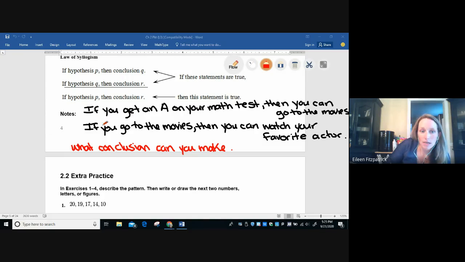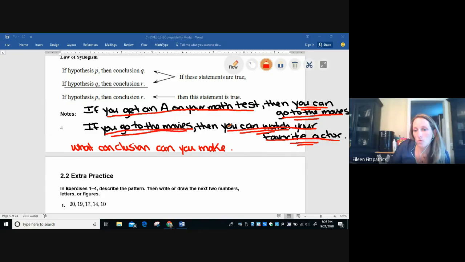The law of syllogism says if P, you get an A on your math test, then Q, you can go to the movies. And if Q, so notice how the conclusion of this statement is the hypothesis of the next, you go to the movies, then R, you can watch your favorite actor. And I would underline this 3 times.